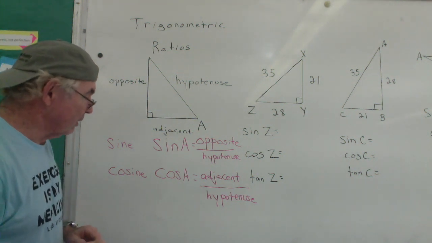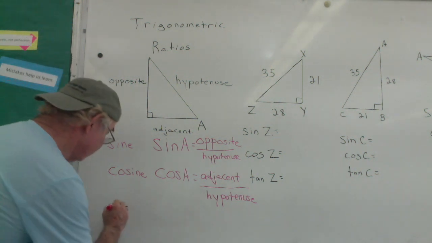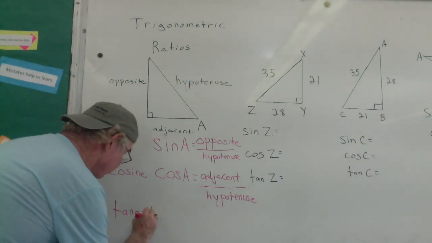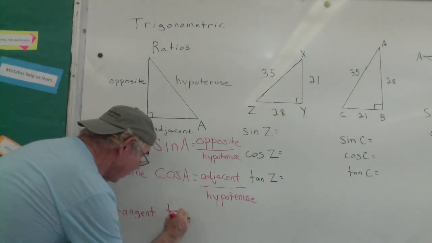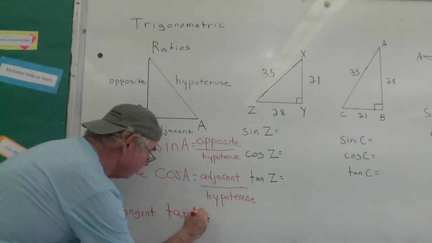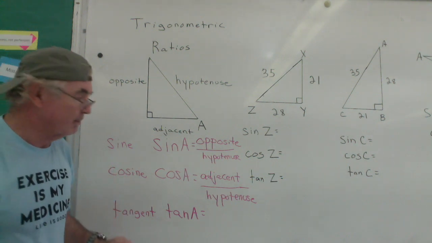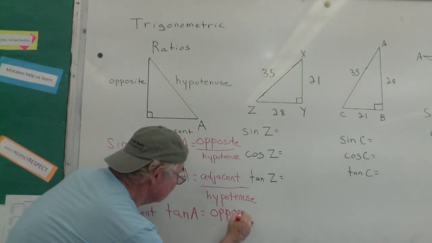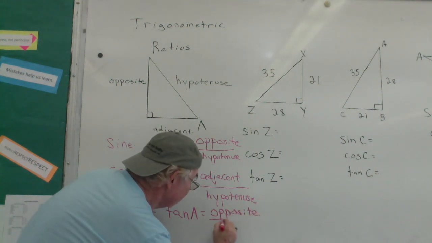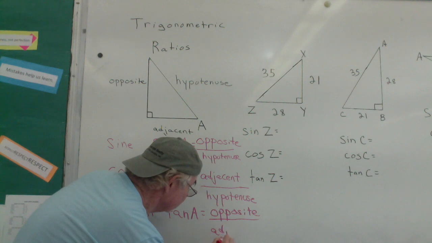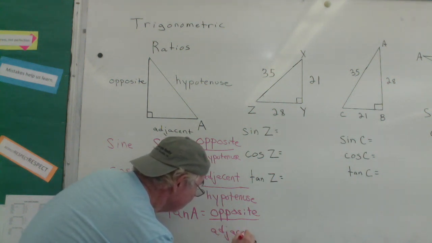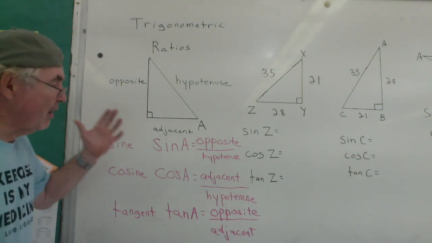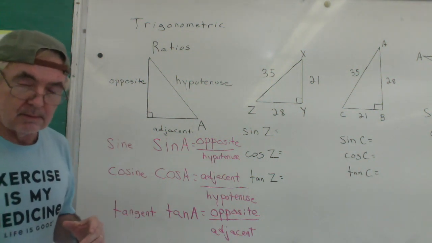And then the third one is called the tangent. Abbreviated TAN, and it's mathematically defined as the opposite over the adjacent. Okay, now you have to find a way to memorize that.